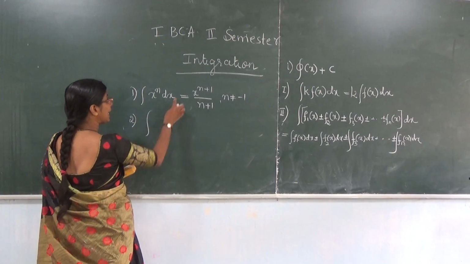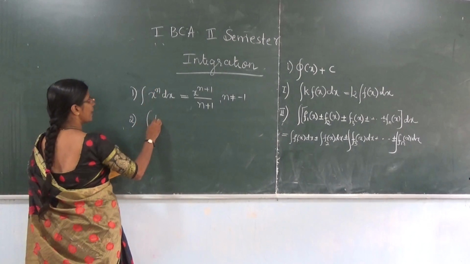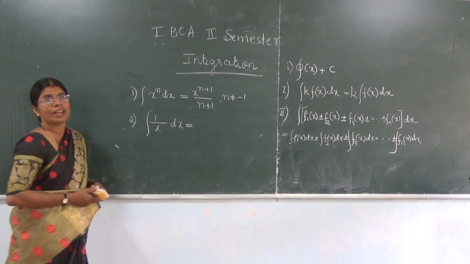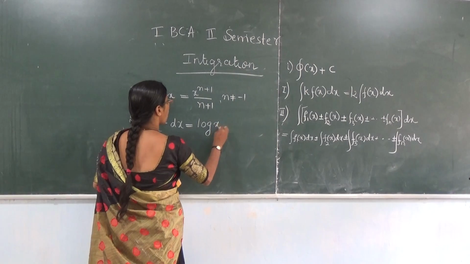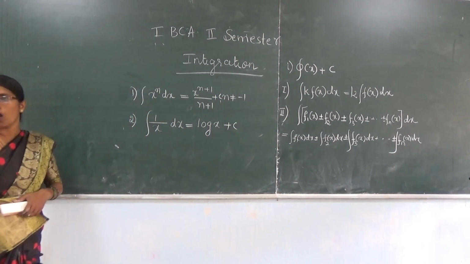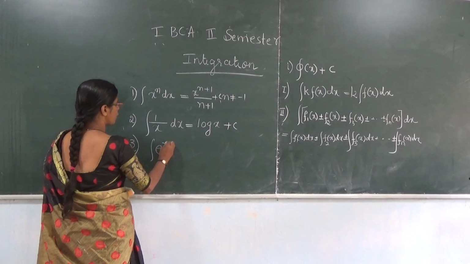Suppose n is equal to minus 1, then what do you get? Then it is 1 by x with respect to x, and its integral is equal to log x plus c. Here also plus c. And the third one is the exponential function.